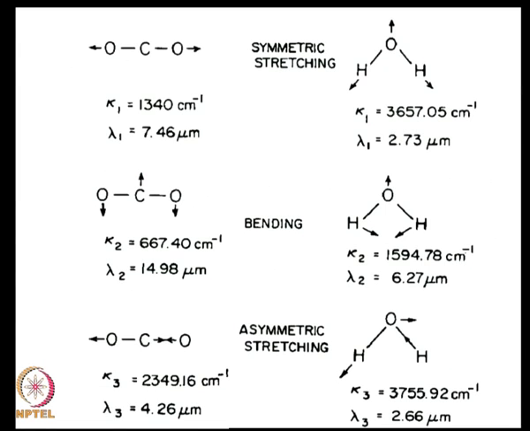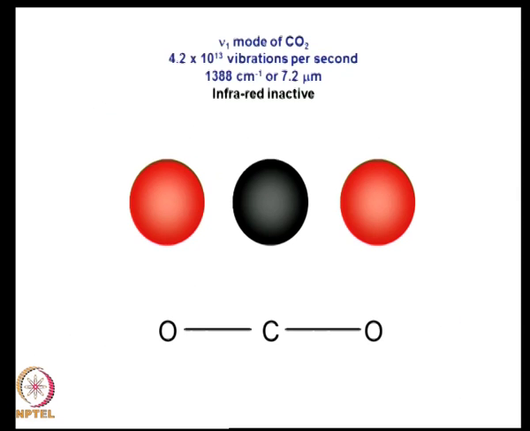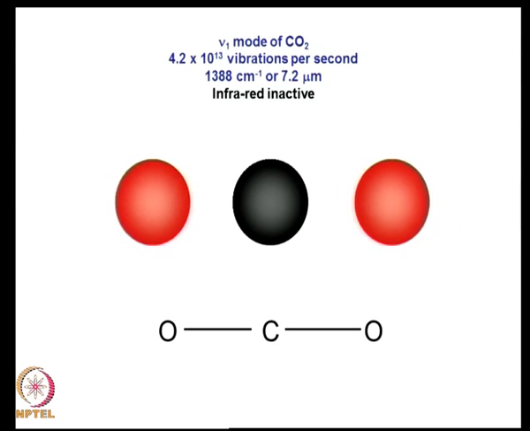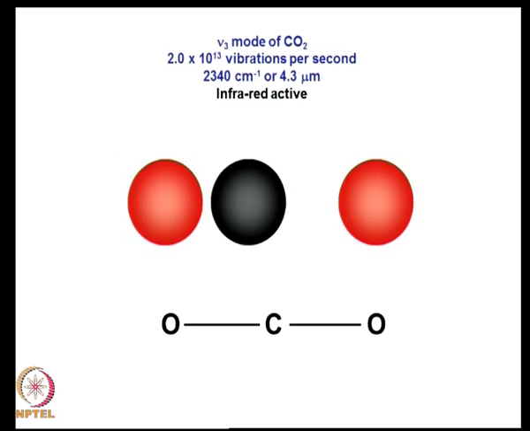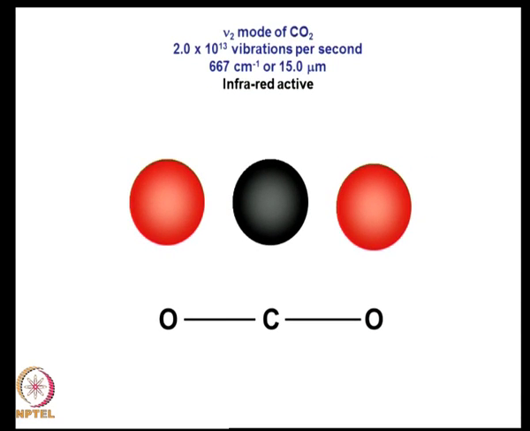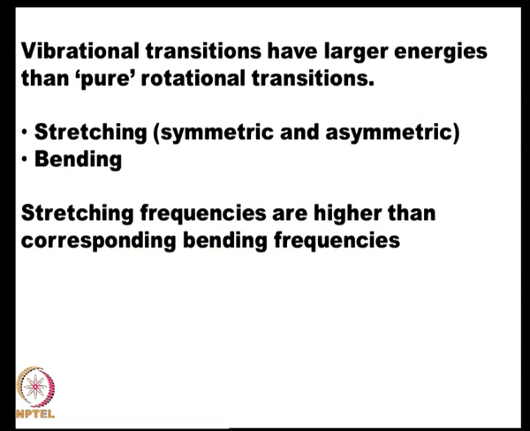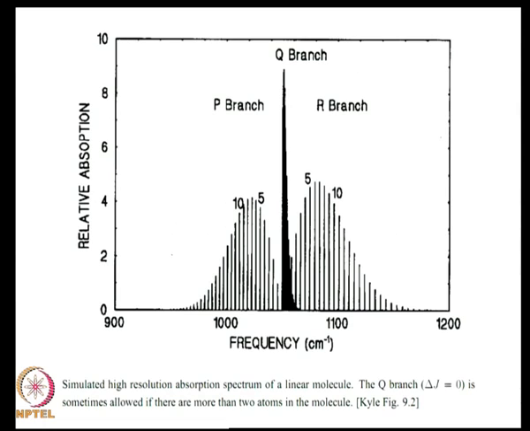And we saw the various frequencies at which these absorption bands occur. We saw examples of the symmetric stretching, asymmetric stretching and bending. And we saw that the stretching frequencies are higher because more energy is required to stretch than bend.